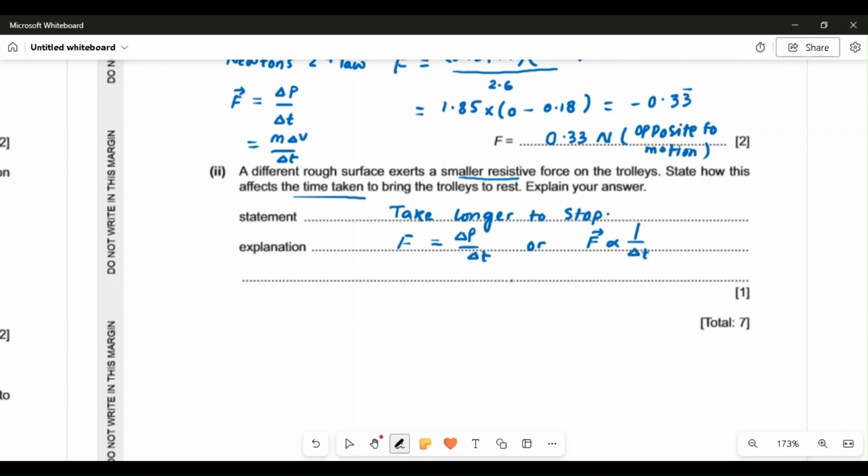So it means the less the force, the more the time it takes to stop the trolleys.